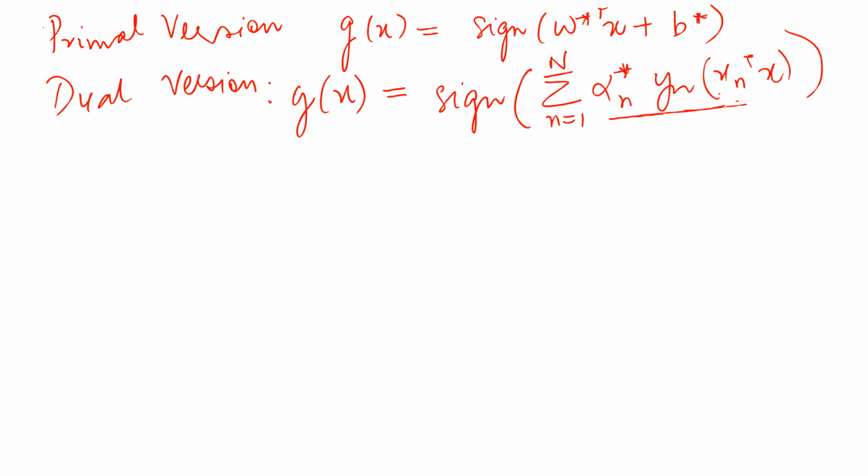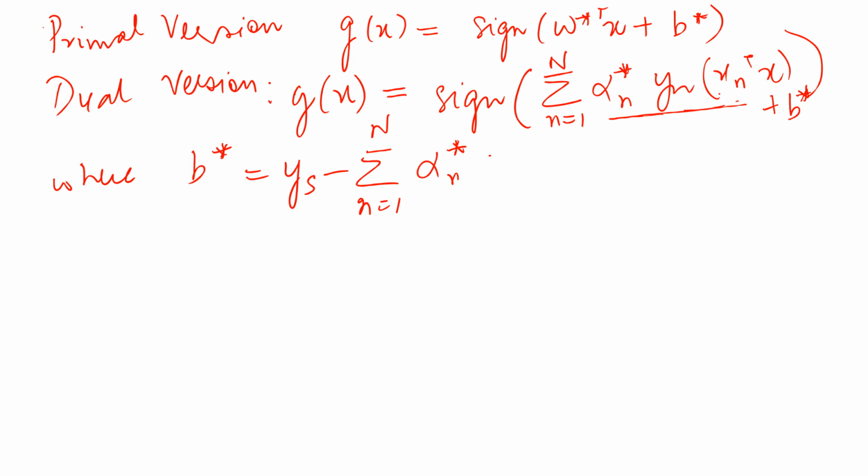There's no space left, so I'll just write plus b star here, where b star is y of s minus, again substituting for the w's, the sum over n of alpha n star yn xn transpose xs, because we know why xs comes in here.